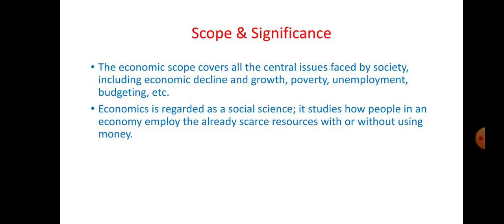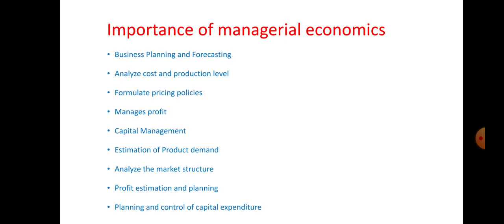And its scope covers all the central issues faced by society, including economic decline and growth, poverty, unemployment, budgeting, etc. Economics is regarded as a social science. It studies how people in an economy employ the already scarce resources with or without using money. So that is about scope and significance.